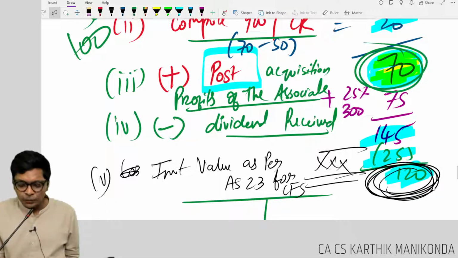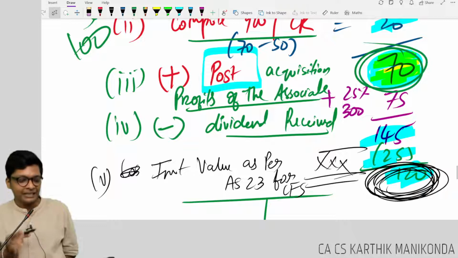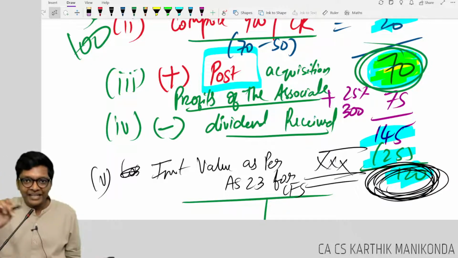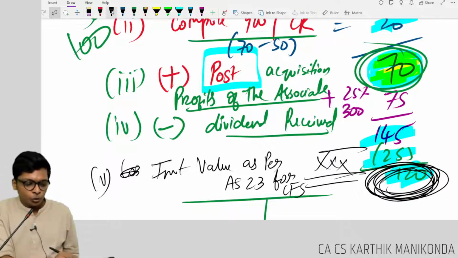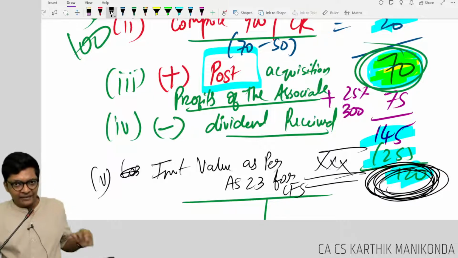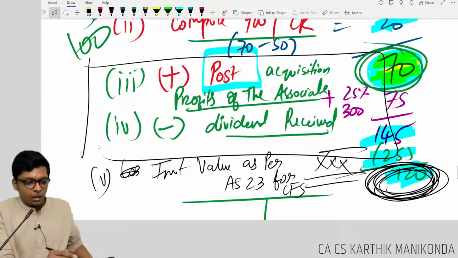Are you understanding 120, guys? 120 is the investment value as per AS 23 for the purpose of consolidated financial statements. Clear?